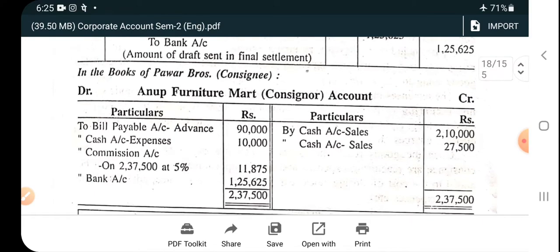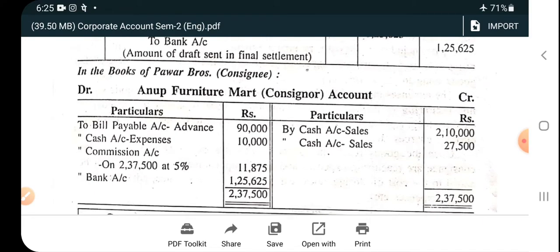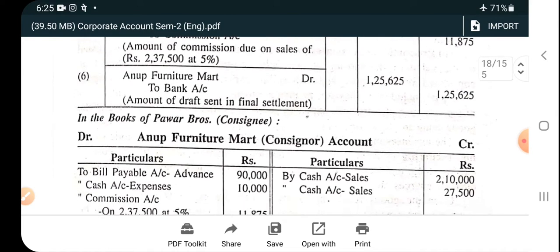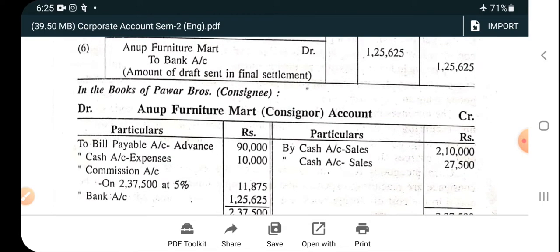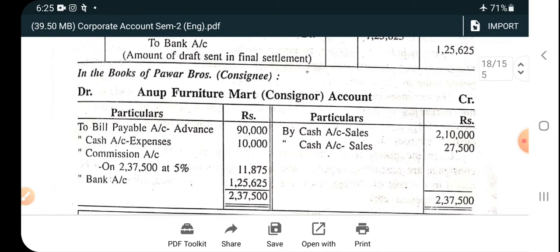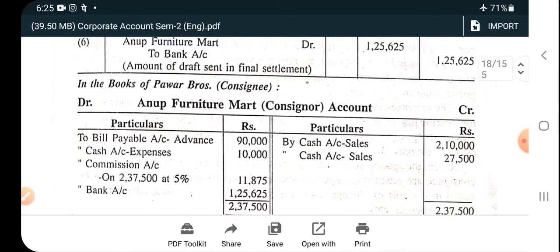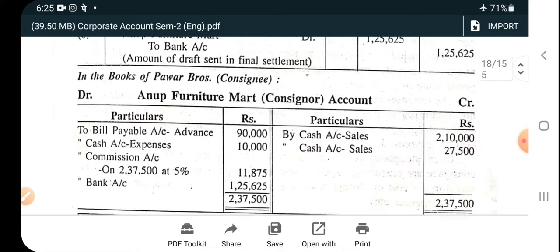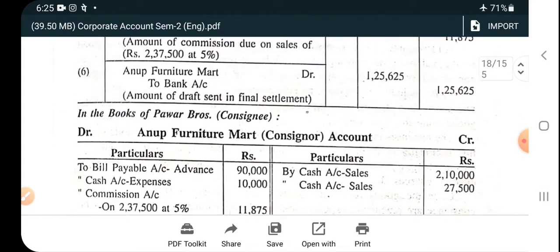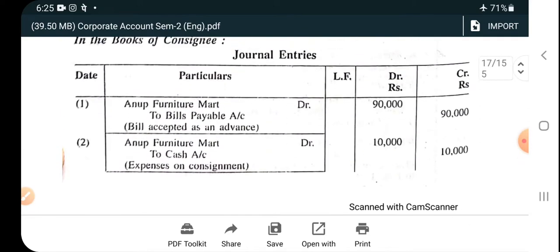So the same difference is found in the consignor's account, 1,25,625. So the journal entry is consignor's account debit to cash and bank account, 1,25,625. The total of both sides is 2,37,500. Now no entry remains in the book of consignee, so the consignee's book comes to an end.